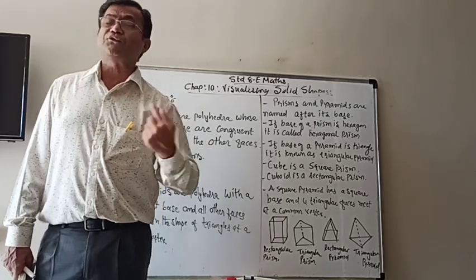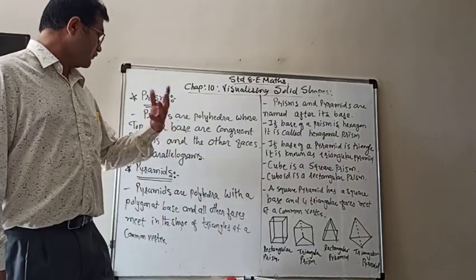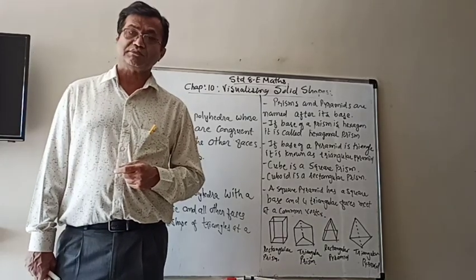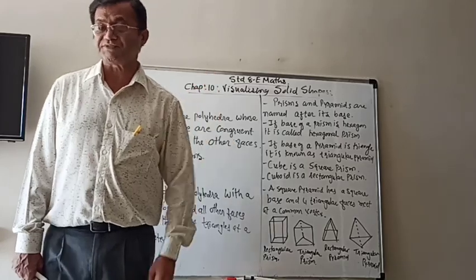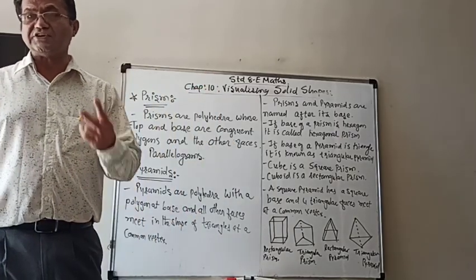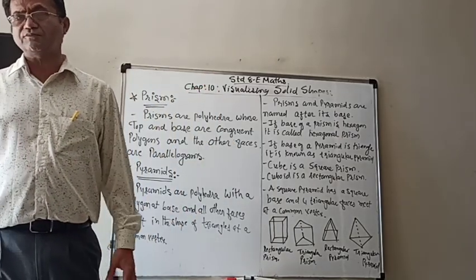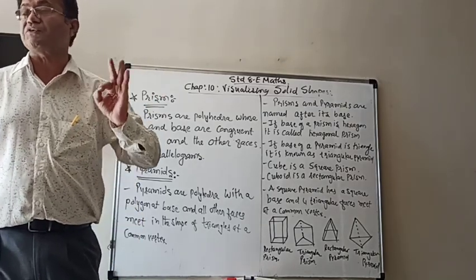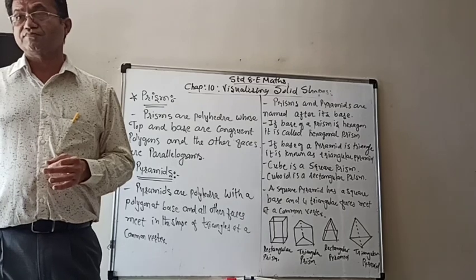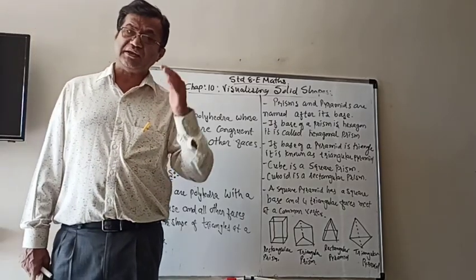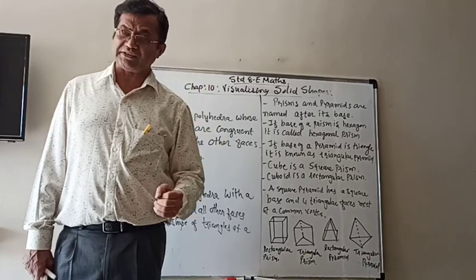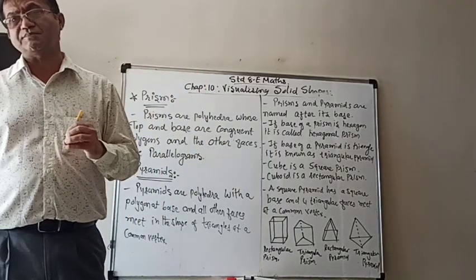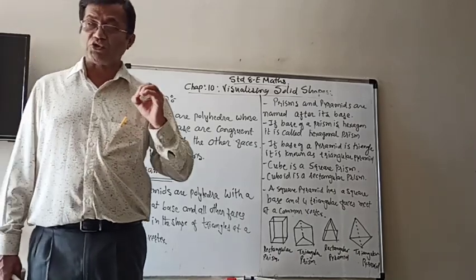And the other four or however many faces are parallelograms. So two conditions must be fulfilled. First, the top and base must be congruent faces. If they are rectangles, they must have the same length and breadth. If they are triangles, the sides must also be the same. And that is known as a prism.